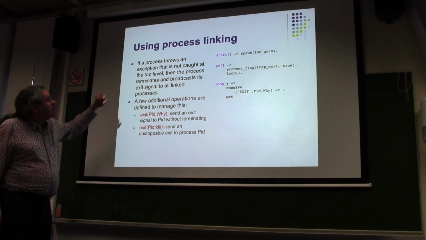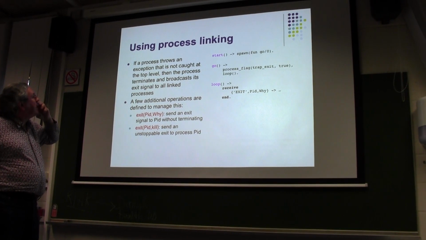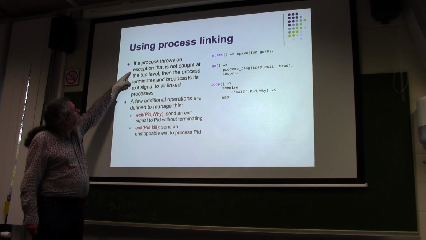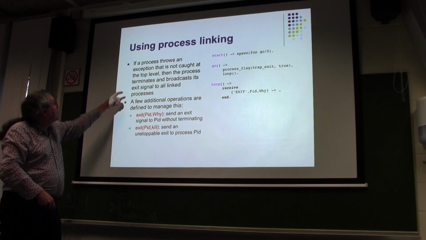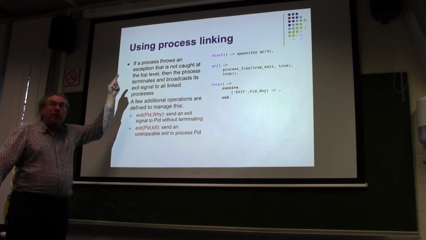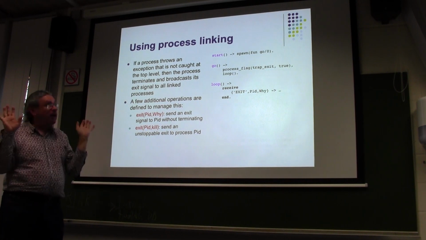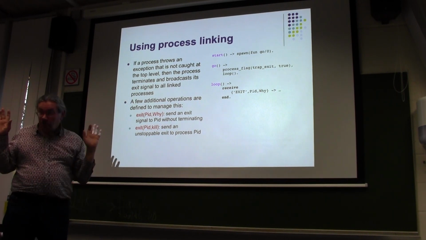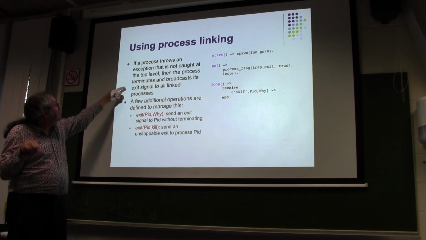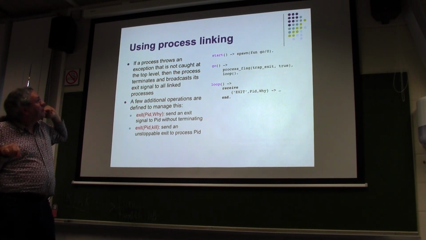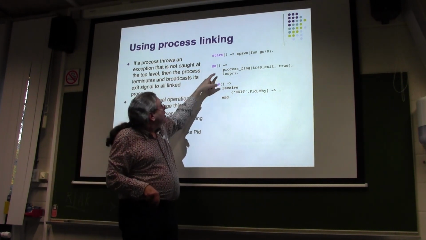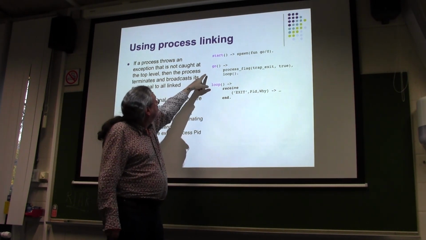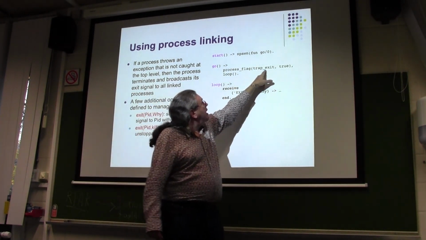Okay, so here's a little example, process linking. If a process throws an exception that is not caught, like divide by 0, and nothing is done, then the process will terminate abnormally, and the exit signal is sent to all linked processes. So here, for example, is a process with the trap exit flag.